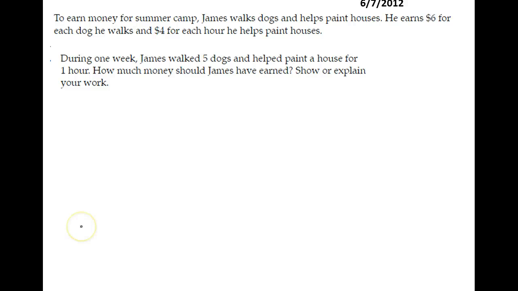And then finally, this last question, it's a two-part question. First off, we have this guy James, and he's walking dogs, and he's painting houses. He gets $6 for each dog that he walks, and he gets $4 for each hour that he paints.